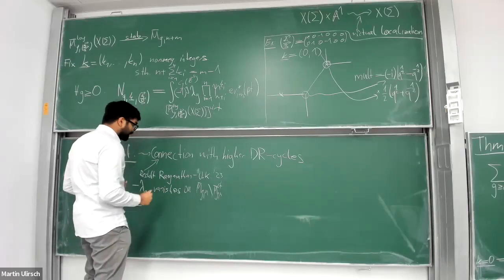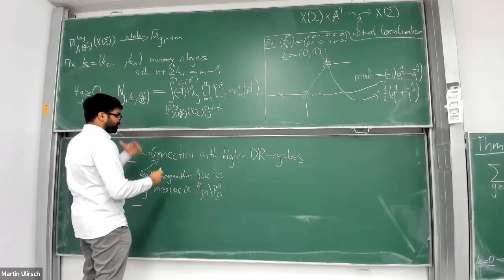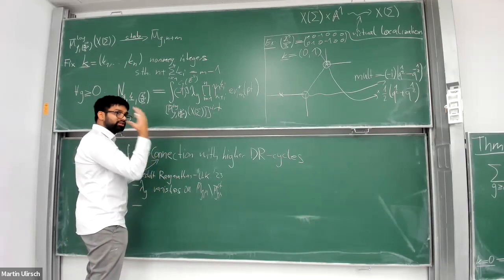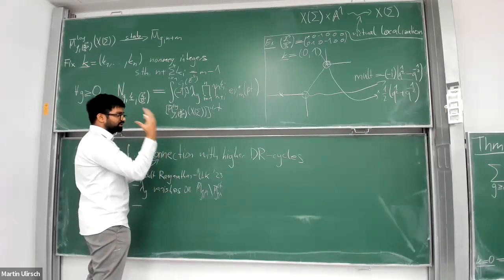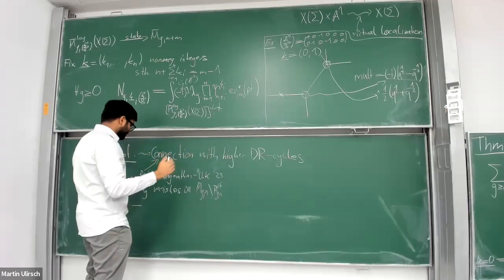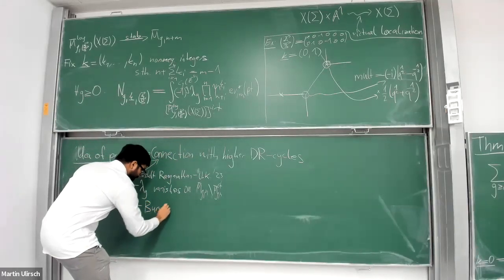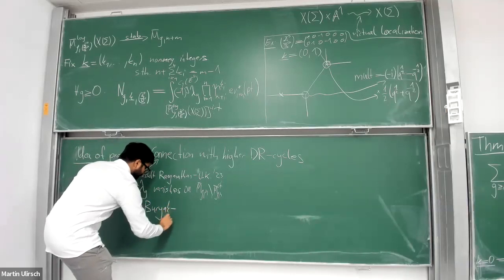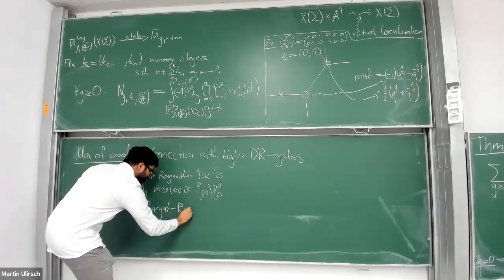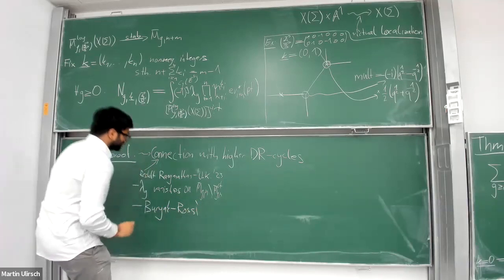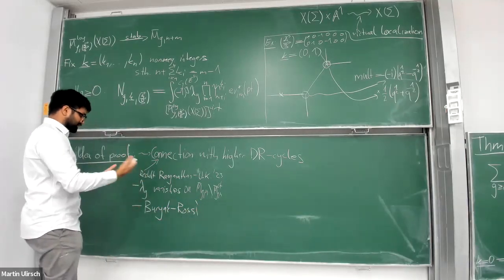Then we reduce to integrals of the form lambda_g, psi class to some power, times DR cycles, and those integrals are exactly calculated in a paper of Alexander Buryak and Paolo Rossi. They have a paper that calculates these integrals.